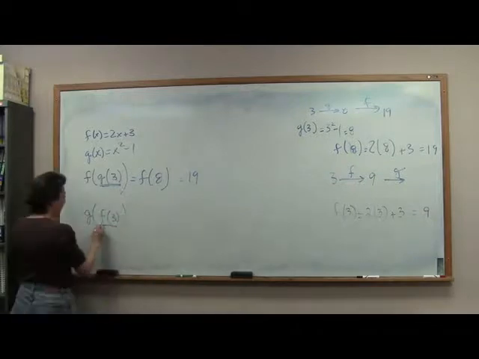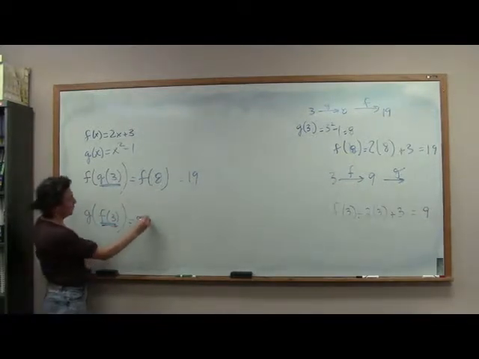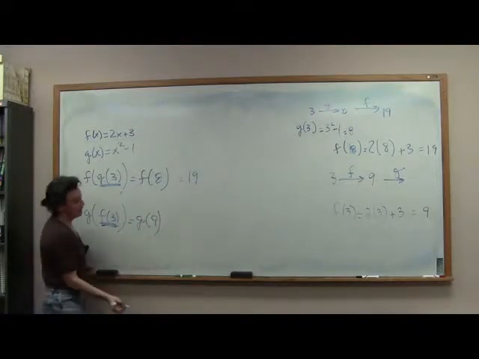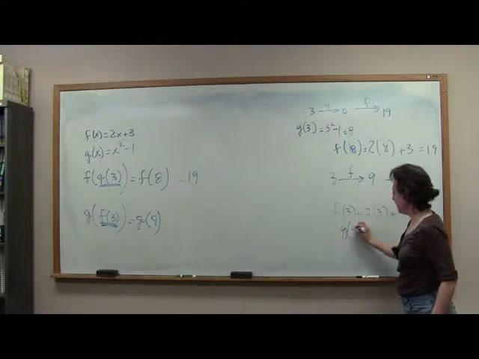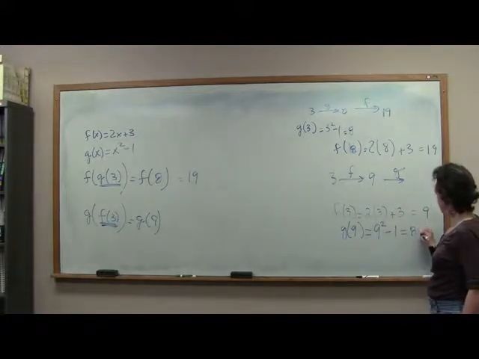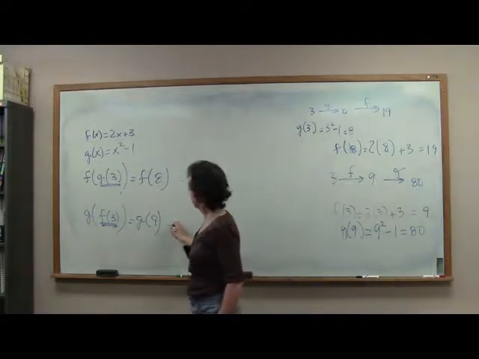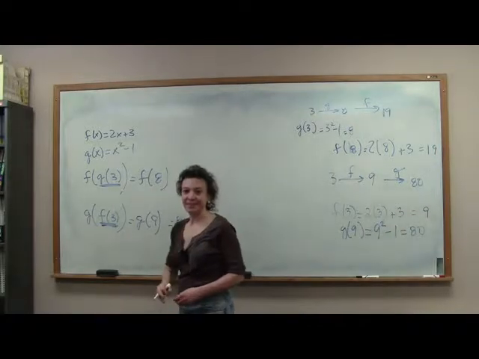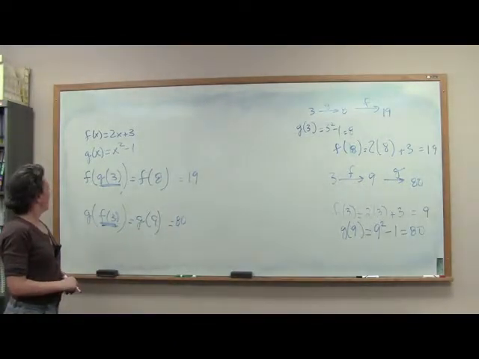Again, we see that f of 3 is equal to 9, so now we're going to be computing g of 9. So g of 9 is 9 squared minus 1, or 80. Isn't that cute? I just love this.